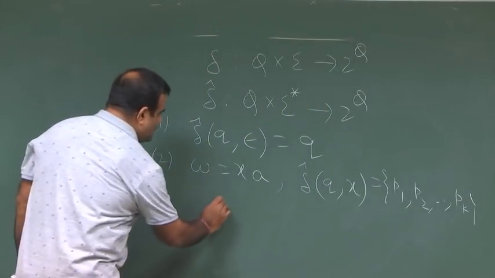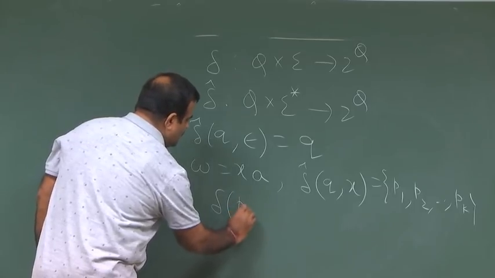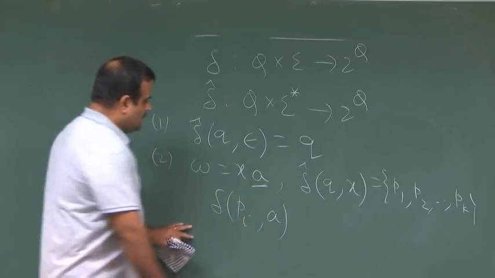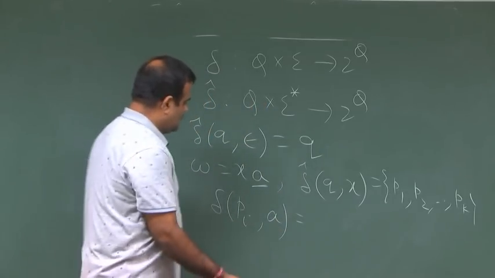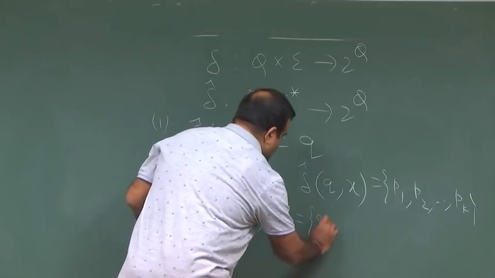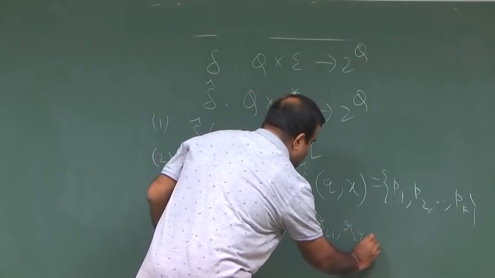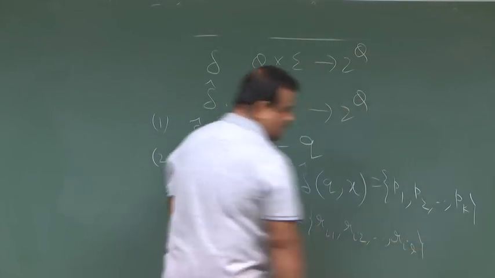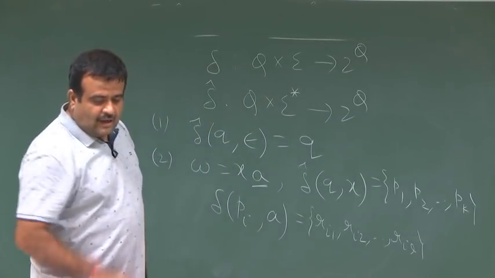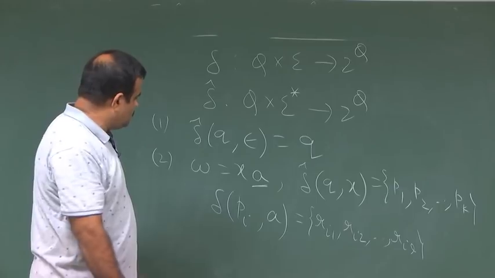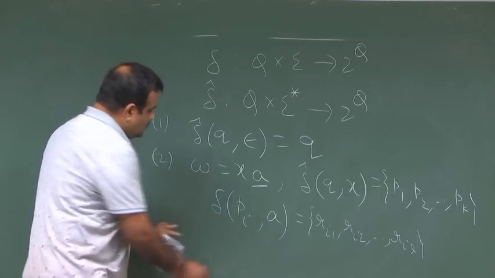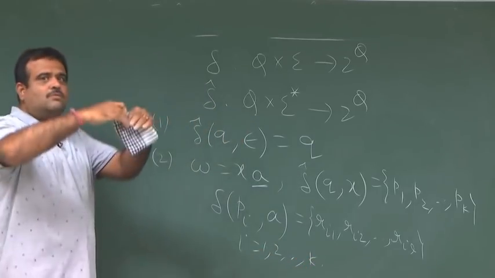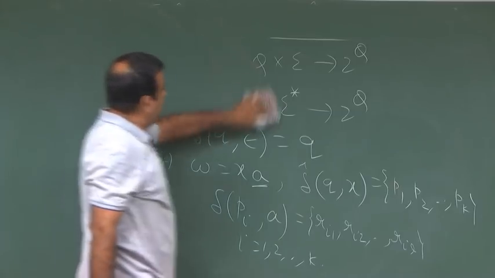Suppose we know delta of Pi comma a, where a is the last symbol. Suppose this is some Ri1, Ri2, ..., RiL. This we denote by this, for i equal to 1 to k. So for each of these states we will be able to go to many other states, like this.